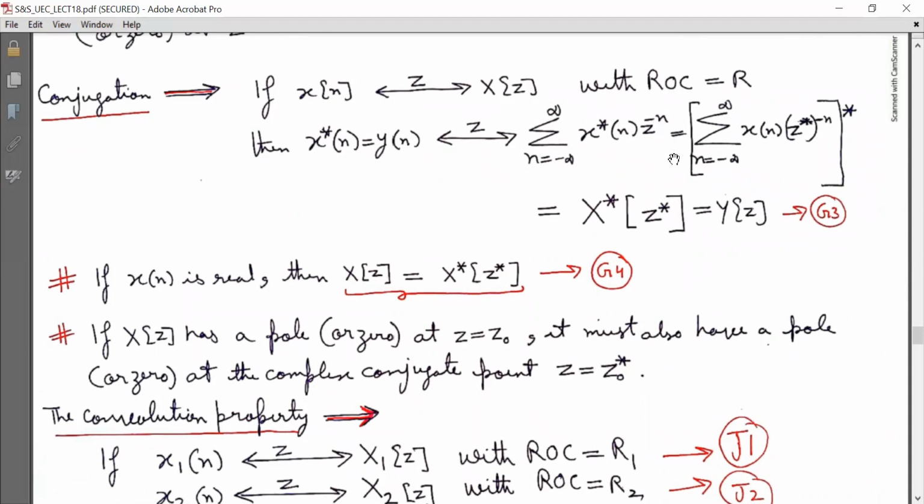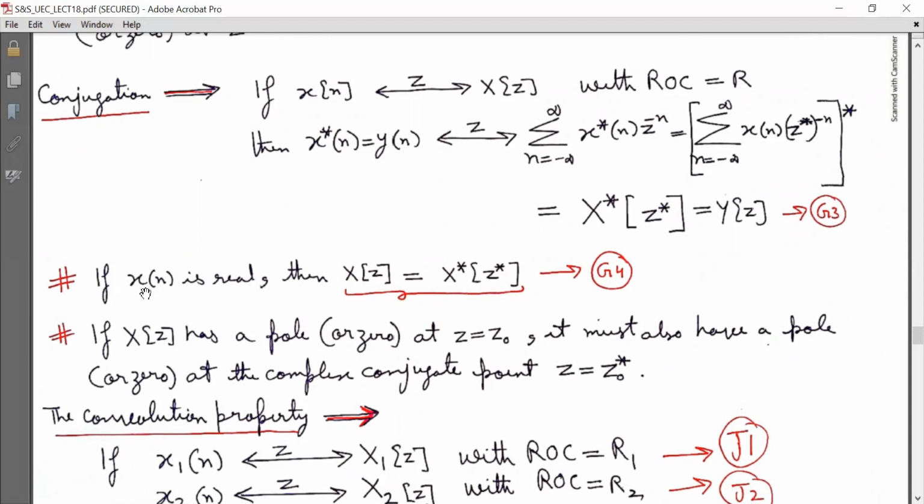I can rewrite it as the conjugate of summation n running from minus infinity to infinity x[n] (z conjugate) raised to power minus n, with the conjugate sign outside the bracket. Now I can rewrite it as Y(z) equal to X conjugate (z conjugate).